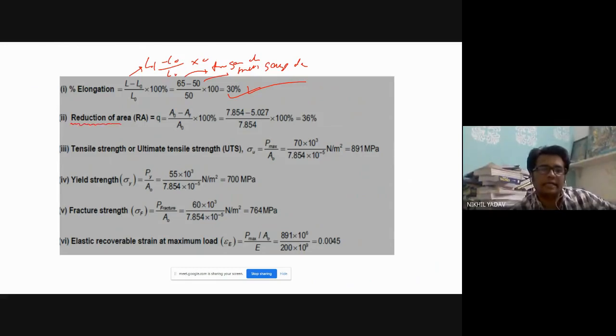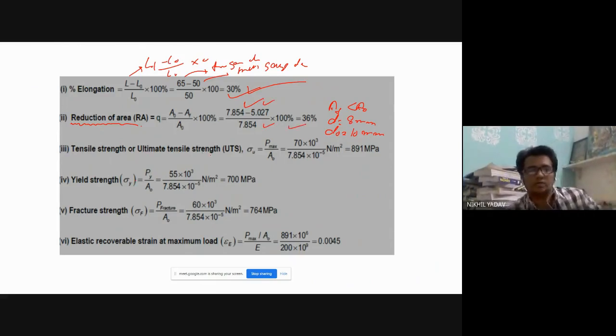Reduction of area, right? This is A naught and AF. We know that AF will be less than A naught because at the fracture the diameter is 8 mm, and the initial diameter has been 10 mm, right? So from here they have found out the decrease in the area.